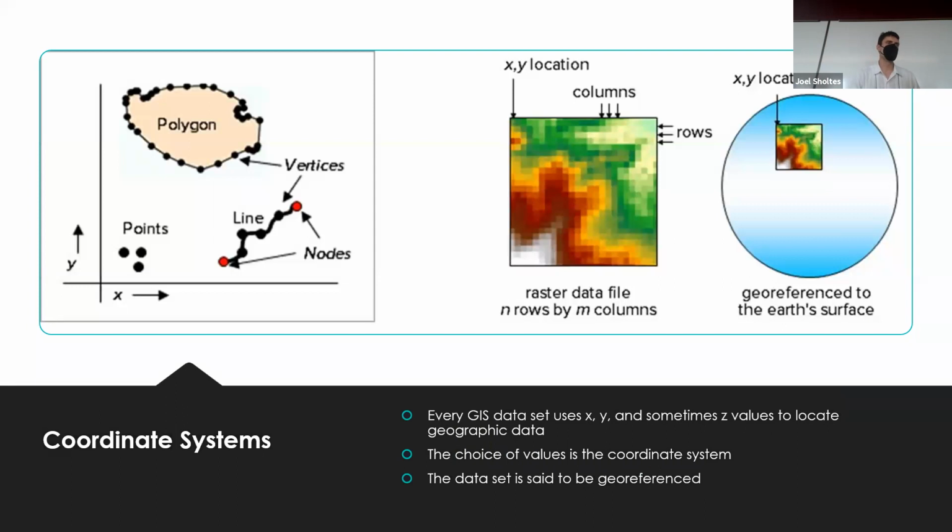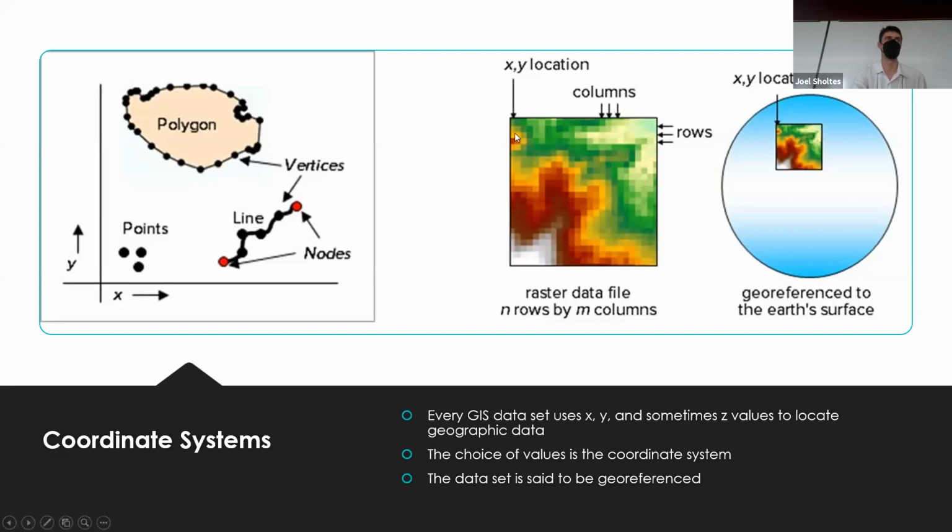So coordinate systems, there's many different types. You could imagine if we have vector data, points, lines, or polygons, all those points are going to have X, Y values. Raster data, which we'll talk about a little bit later, has an X and Y location for one corner, usually the top left corner.